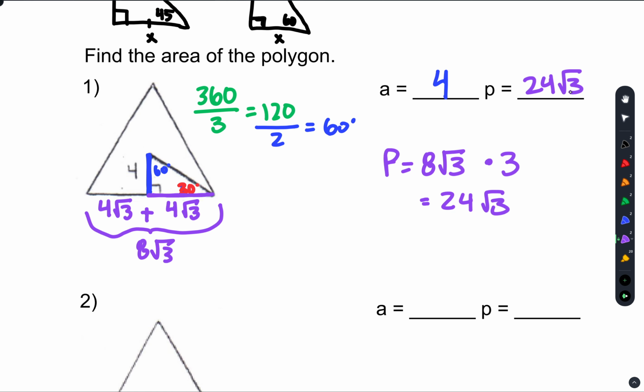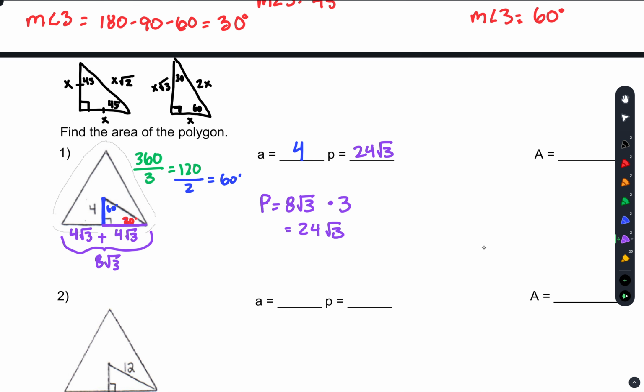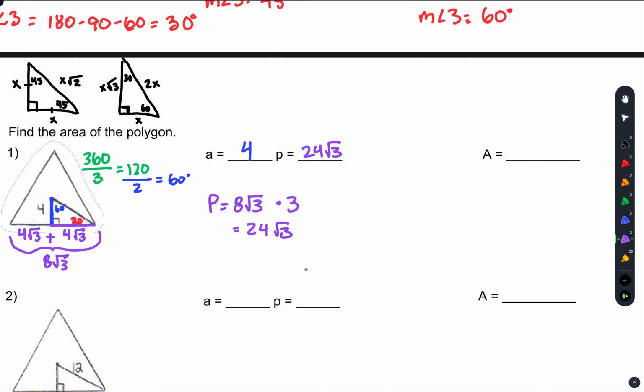I strongly suggest you leave this in exact values unless you can store this value in your calculator, because I don't want you to round until the very last step. So keep this as 24 radical 3 as long as possible. Everybody good with how I got those two numbers? 4 and 24 radical 3. The last piece then is to plug this into your area formula, which is 1/2 times the apothem times the perimeter.